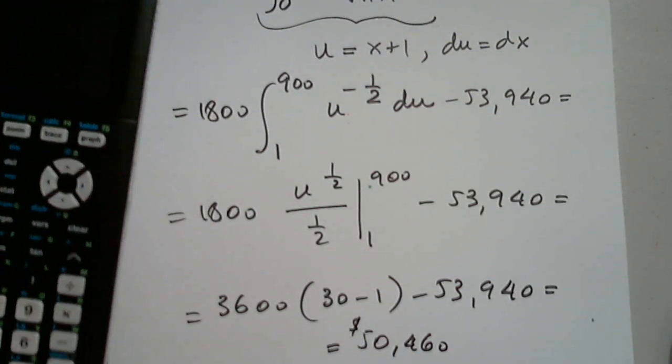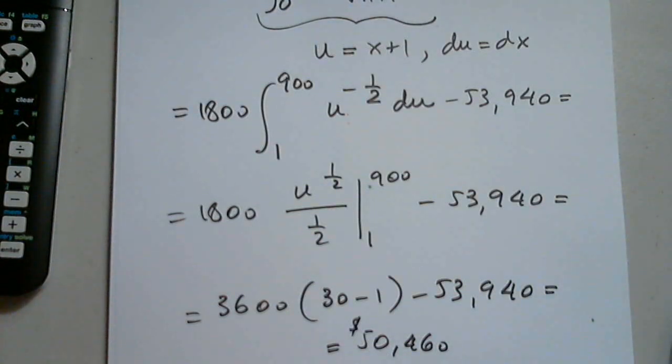So I'm going to check my calculations. I had no idea, but I like to check my calculations. Here it is. So math 9: 0 to 899, and then we have 1800 divided by the square root of x plus 1.